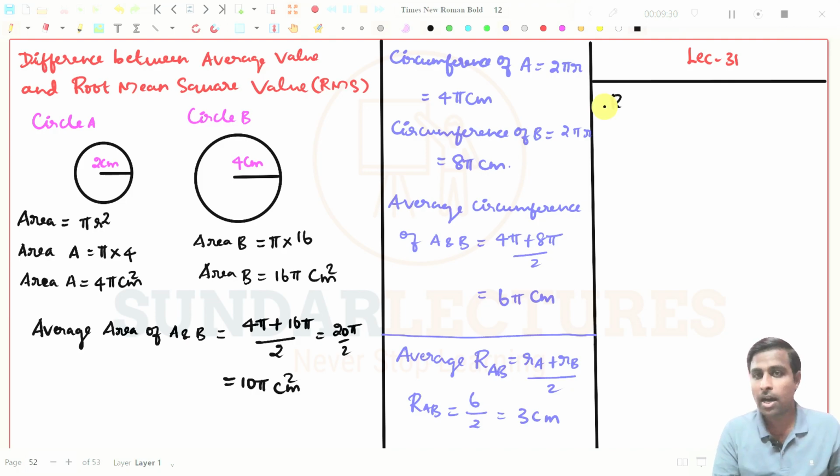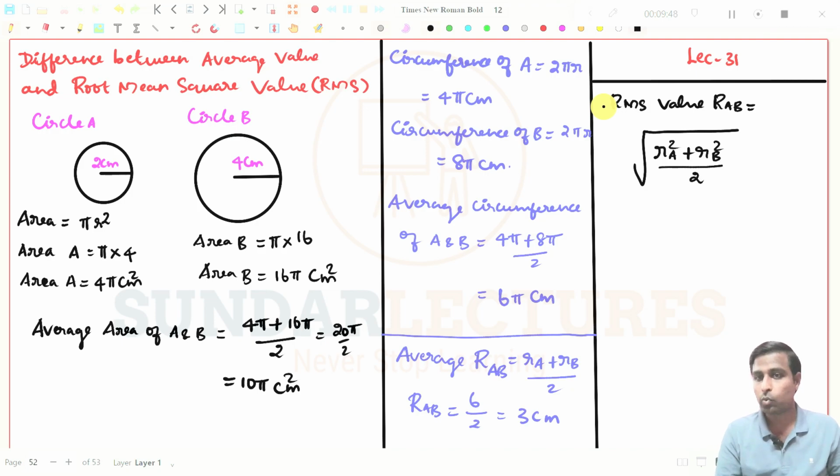So the RMS value of RAB will be equal to, RMS values will be taken like this: square root of RA square plus RB square divided by 2. This is how you need to take the RMS value of those two. We are just doing the average, but in a different way, that is the root mean square.